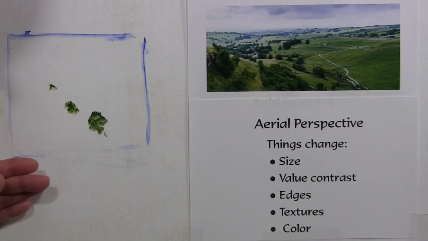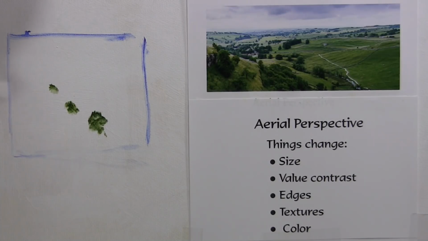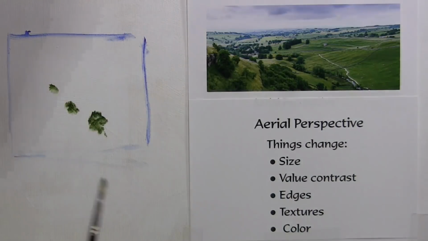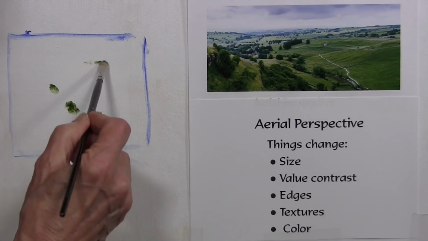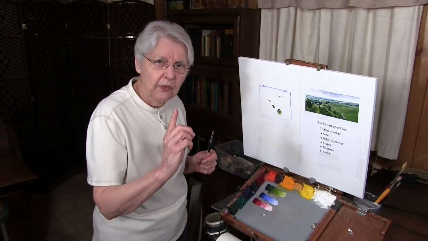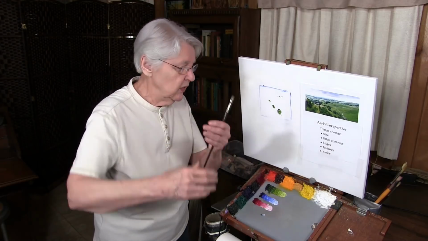So we could indicate something that would be even smaller. And then way back in the distance there, the trees just look like little dots. So size is one thing that's going to change as things move into distance.